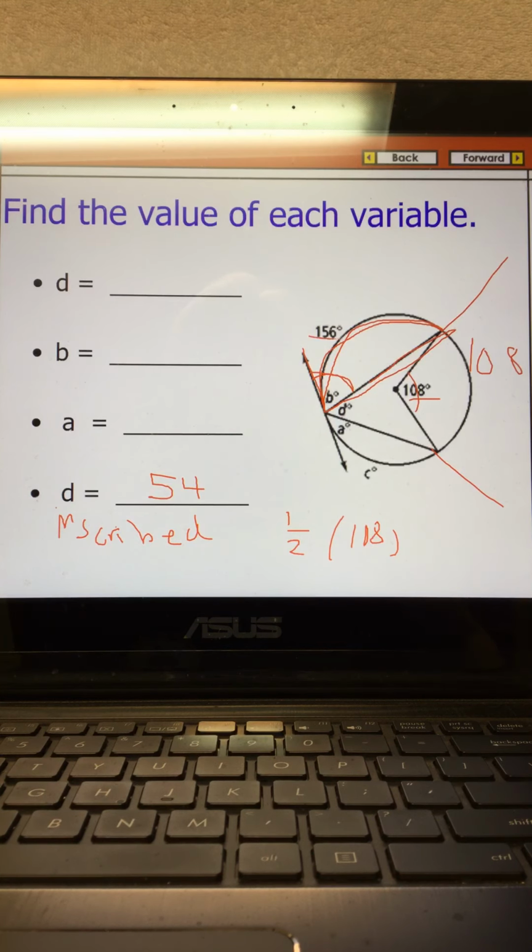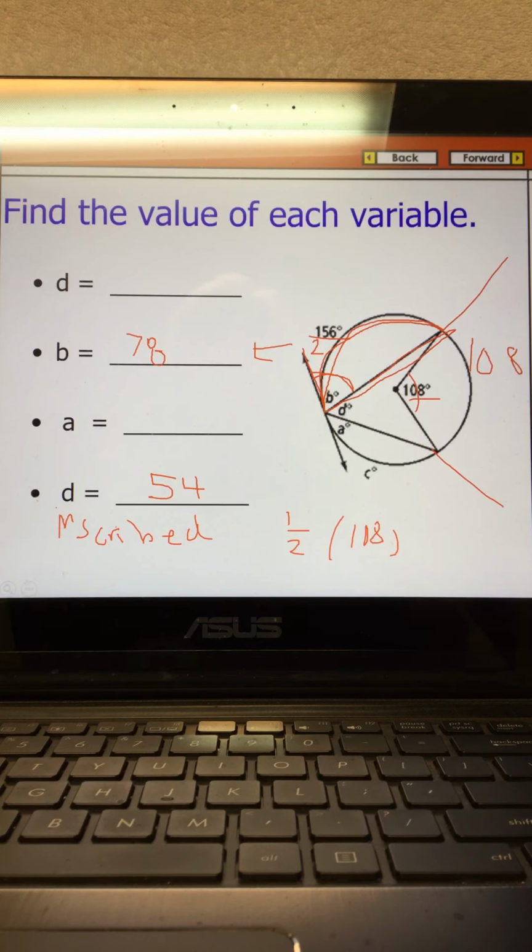Angle B is half of that. In order to find the measure of angle B right here, I need to take half of that. So if I divide that in there, I think I'm going to get 78. So half of this 150 arc would give me angle B.